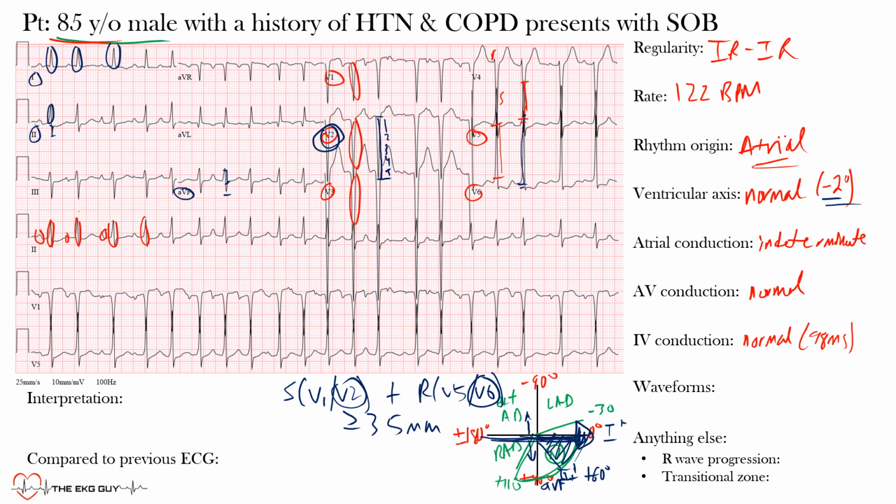You can clearly see that we have at least 1, 2, 3, 4, and you need at least 7 big boxes, or 35 millimeters, to meet that. So we clearly meet that here, and because of that, we will write that we have LVH, voltage criteria met.